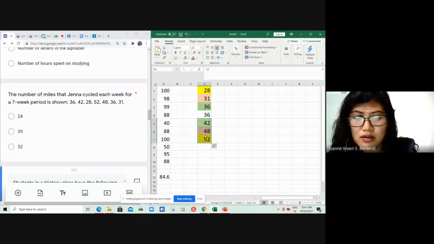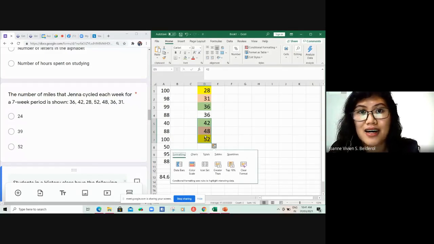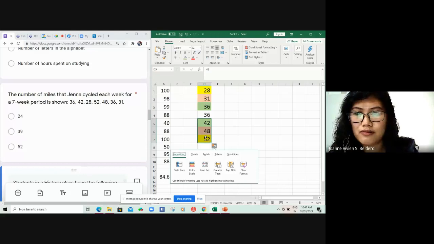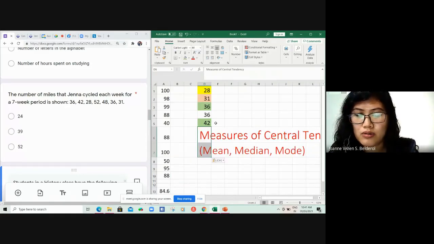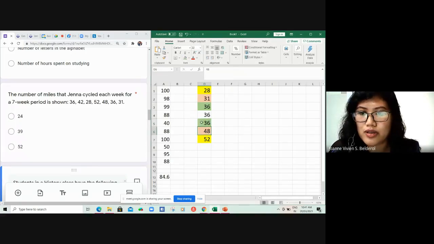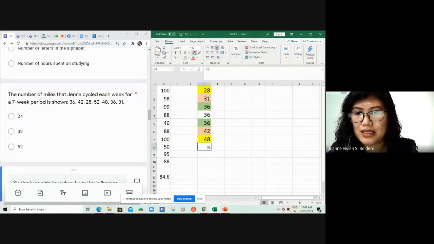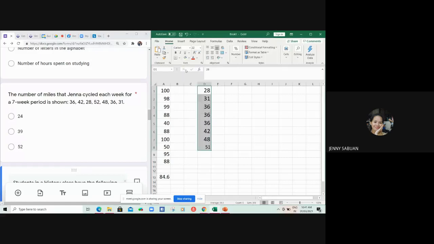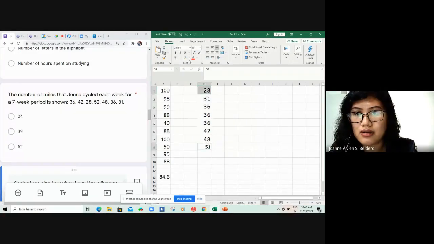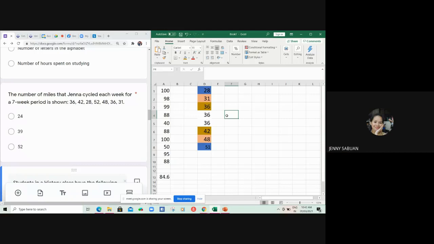Now, it's easy enough when it's an odd number. But what if we add another number here? We now have 8 scores. If we pair them, what do you notice if it's even? Nothing is left without a pair.